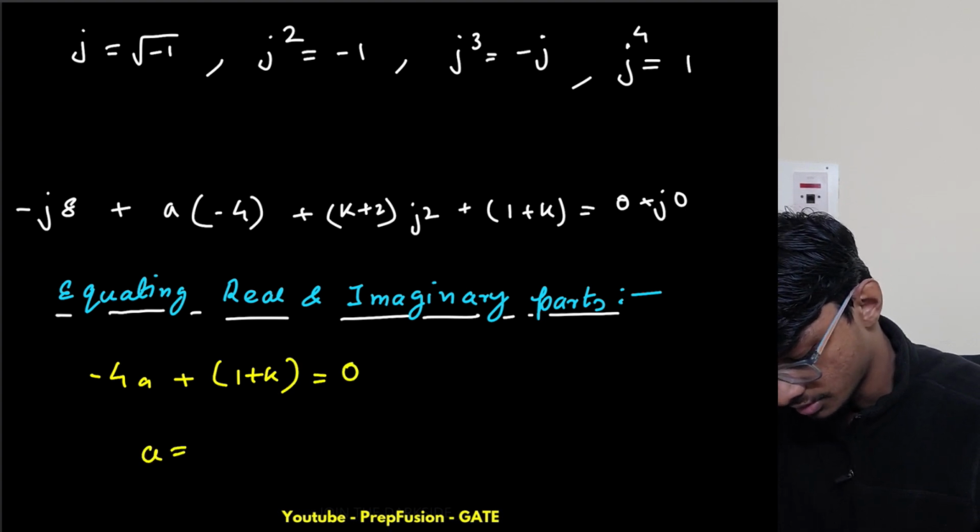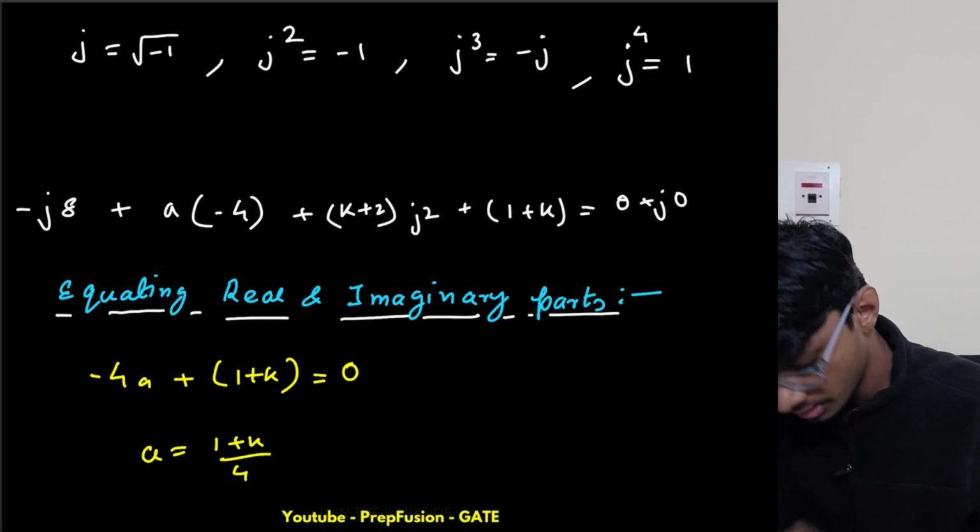So a is simply (1 plus k) by 4. This is one equation, and we have another equation.